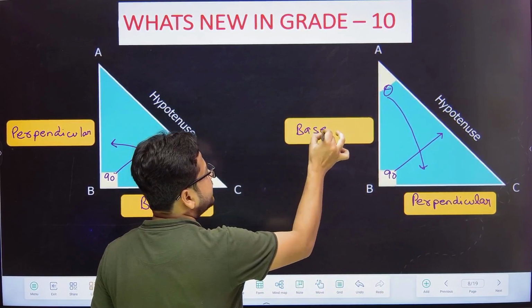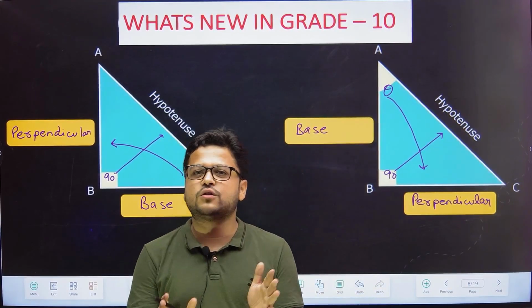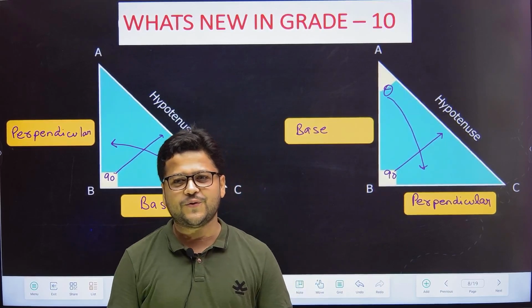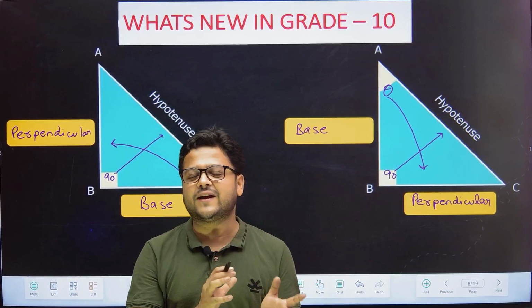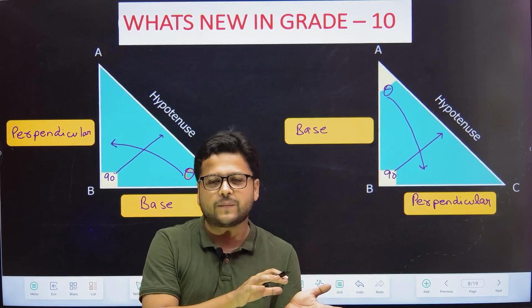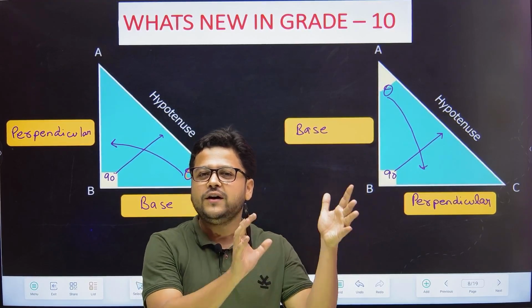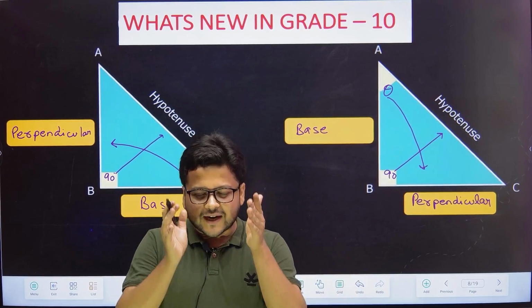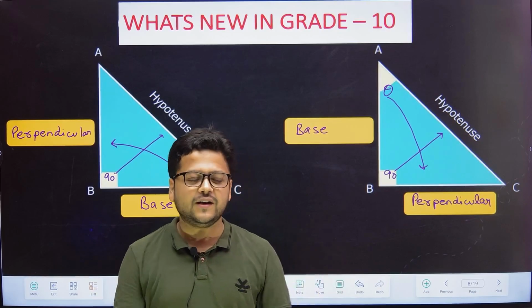Students, perpendicular is also called opposite, and base is also called adjacent. I hope you understood this very well. So now you know how to check which side is perpendicular and which side is base. It totally depends on our hero theta. Side opposite to theta is perpendicular, and side opposite to 90 degrees is hypotenuse, which will never change.